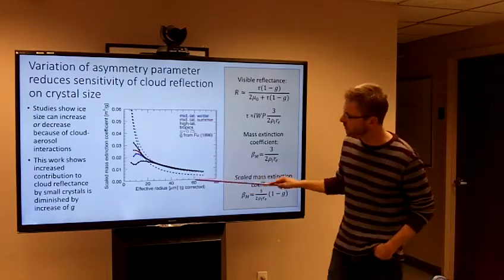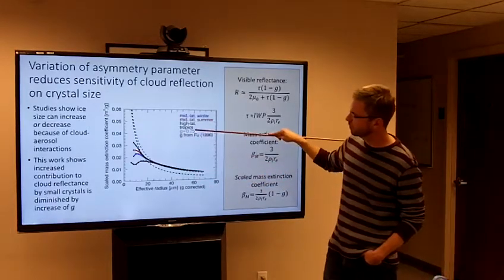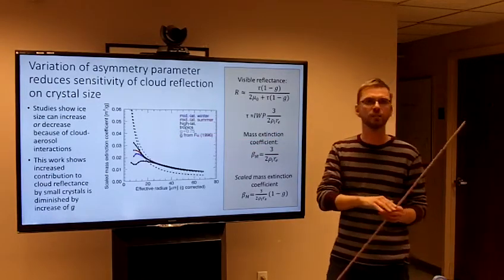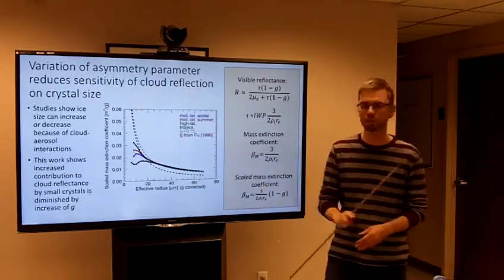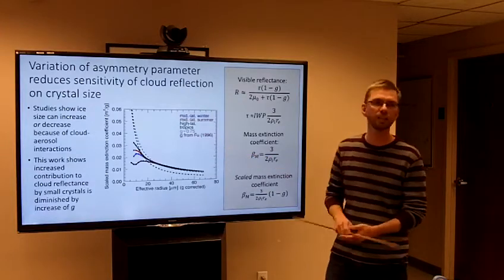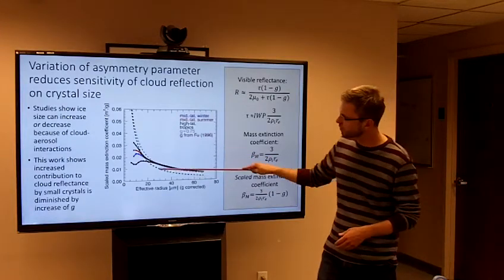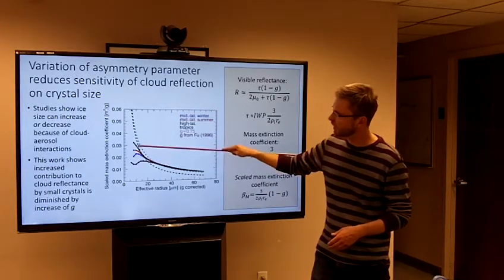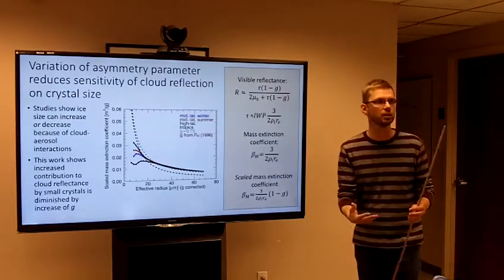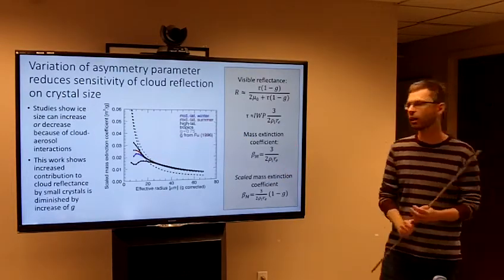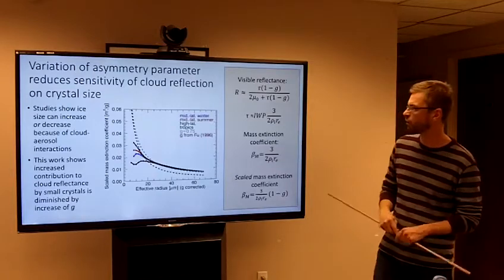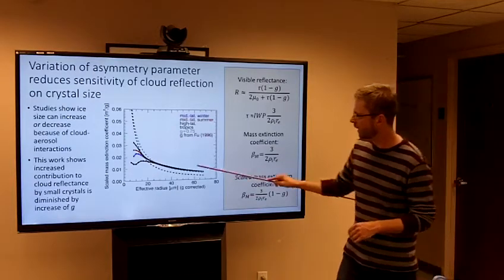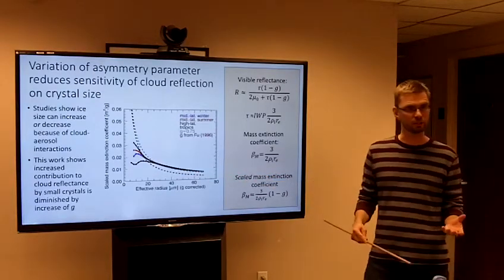And if you plot that, then for the models that have a symmetry parameter that does not change with size or that actually increases with size, your smaller crystals will have a much larger scaled mass extinction coefficient than the larger crystals.